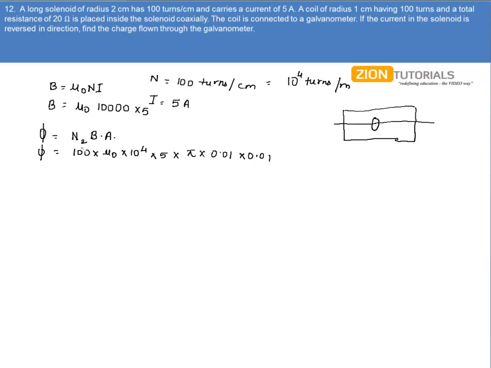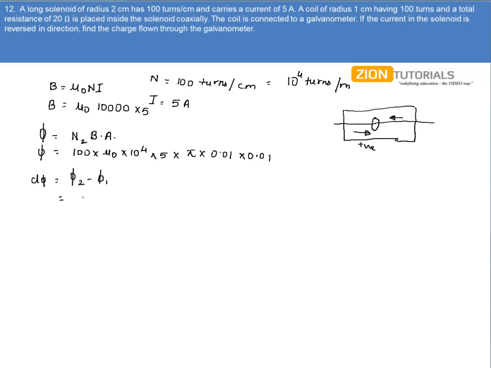Now if the current in the solenoid is reversed in direction, the magnetic field earlier was in this direction and then the direction will change to this. So the change in flux will go like phi 2 minus phi 1. Now there is just a change in the direction but no change in the magnitude. So let the final flux be in this direction and we assume it to be the positive direction.